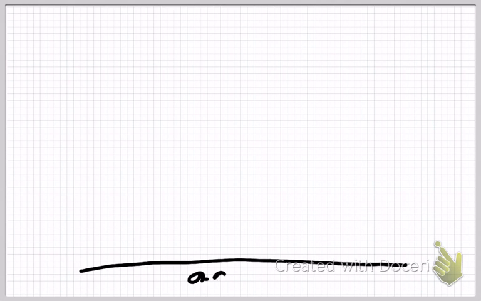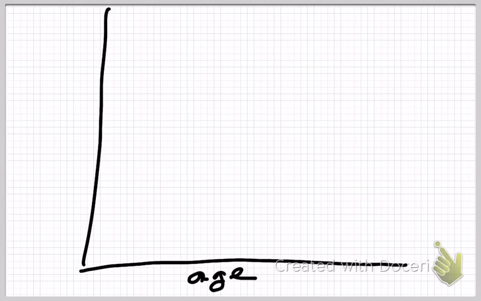All right, so if we graph the increase in height throughout your lifespan, if we're graphing age over height, then, of course, when you're a baby, we would just stretch you out and take from heel to the top of your head.